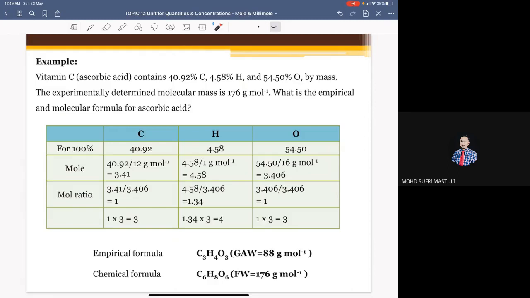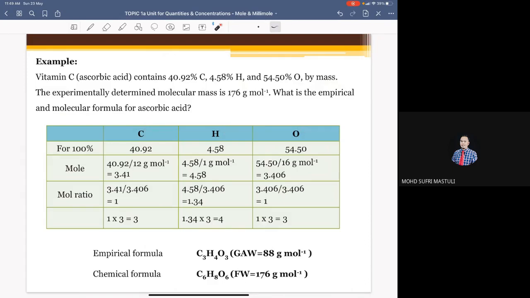It's very easy because it's already given the mass percentage, and also given the experimental molecular mass of the ascorbic acid.